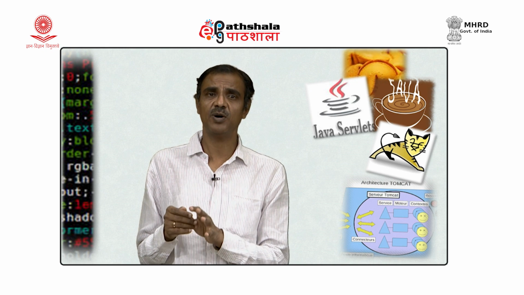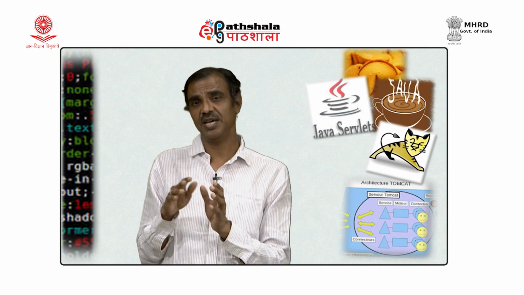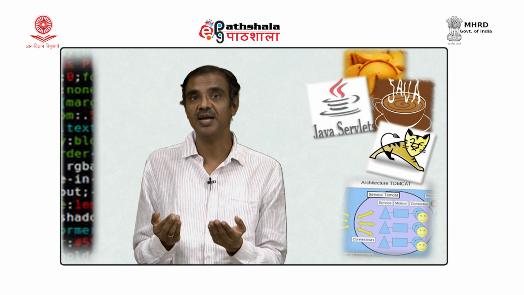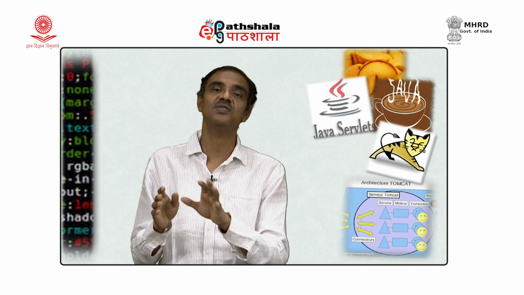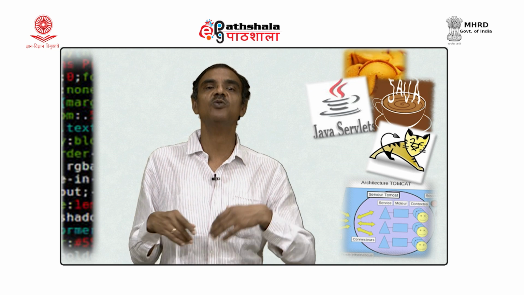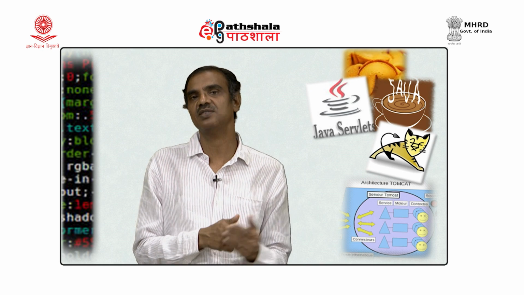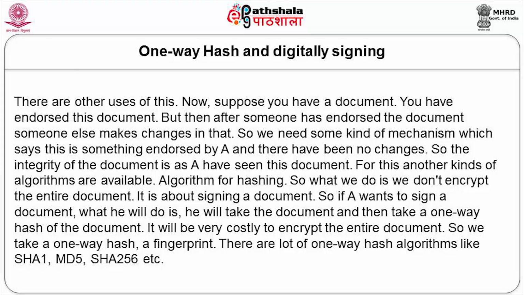And because the message was obtained by applying the public key of A, B is sure this is a message from A only. No one else could have encoded using the private key of A. The private key of A is with A. So, this is where we have a mechanism which works fine.